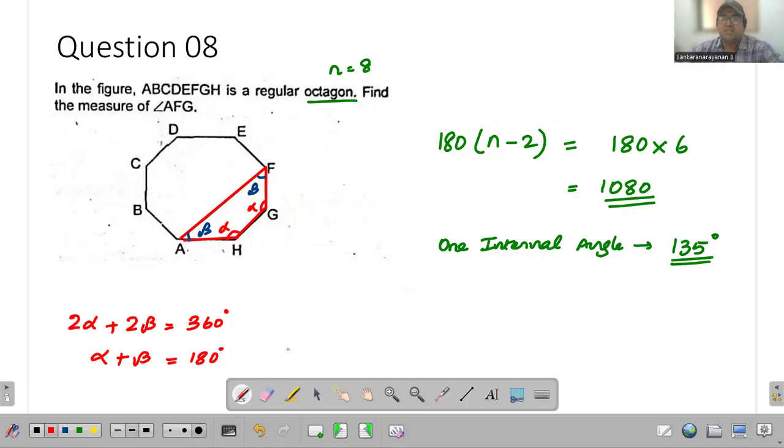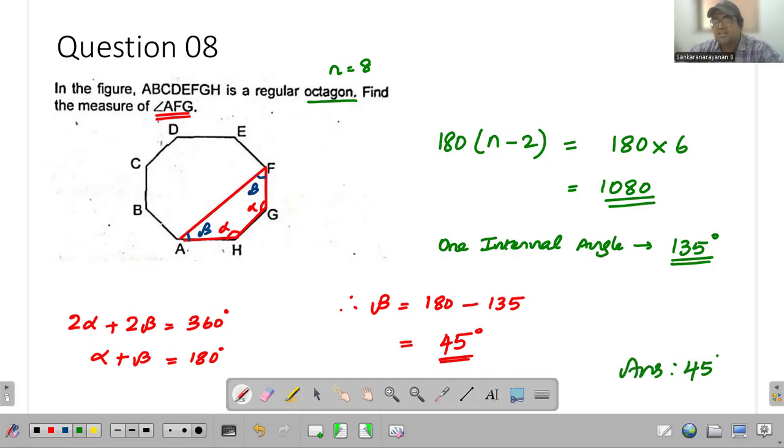I have shown you that alpha, the internal angle, is equal to 135 degrees. So what is the measure of beta, that is angle AFG? That has to be 180 minus 135, which comes as 45 degrees, right? So the measure of angle AFG should be equal to 45 degrees. That brings the conclusion to this question and its explanation. The measurement has to be 45 degrees, right?